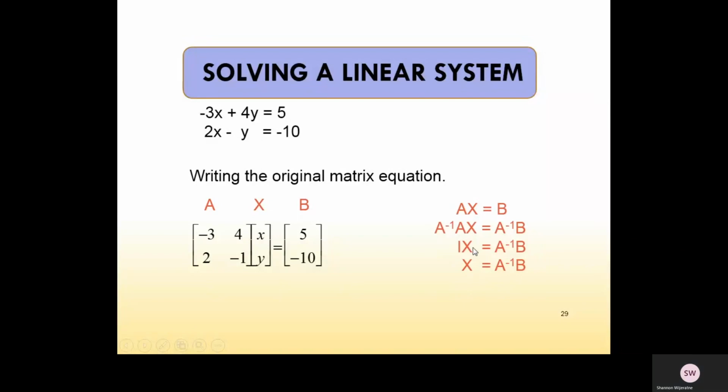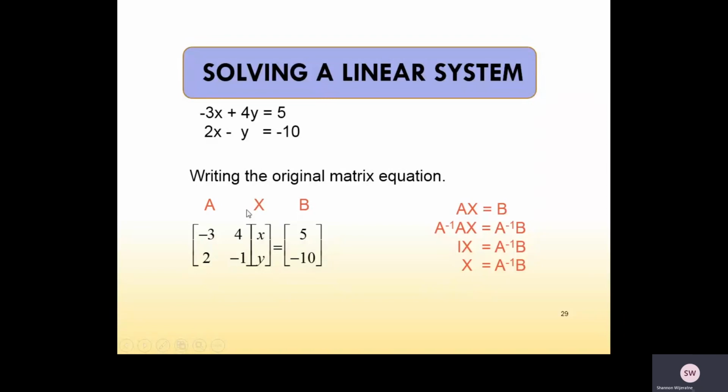It is like when you multiply a scalar by 1, it is equal to the same scalar. So IX is equal to X. So X is equal to A inverse B. This is how you find the column matrix of the unknown variables.